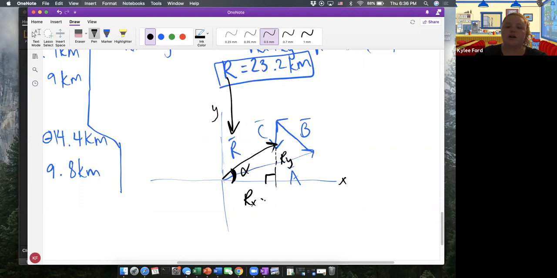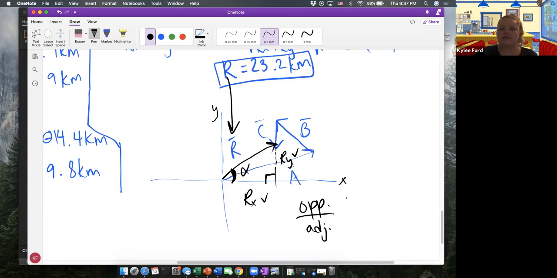So I know my Rx and I know my Ry, so I'm going to use those two to solve for my alpha, using my trig identities. If I'm looking at this angle here, this one is my opposite, and this other one, Rx, is my adjacent. So I know opposite and adjacent.